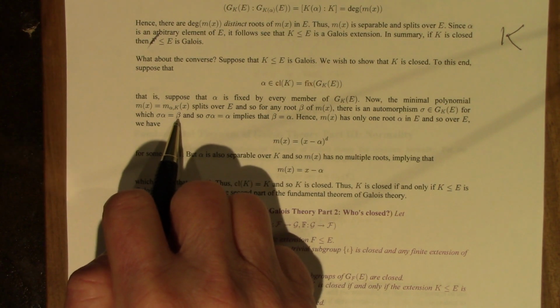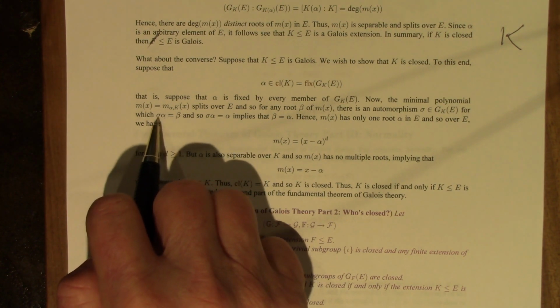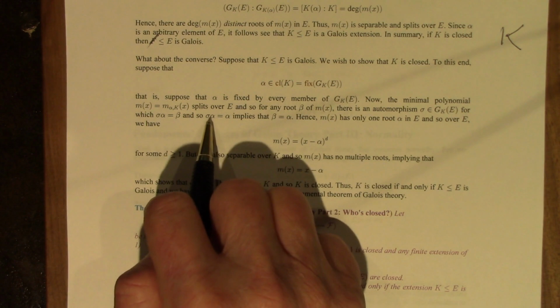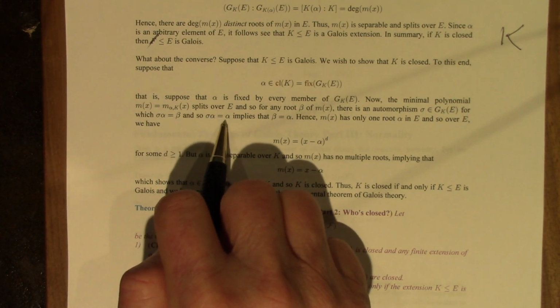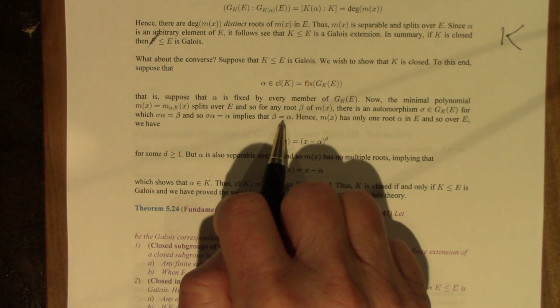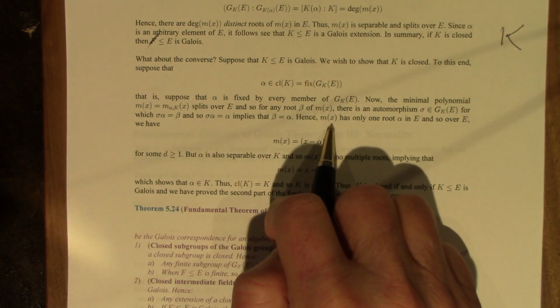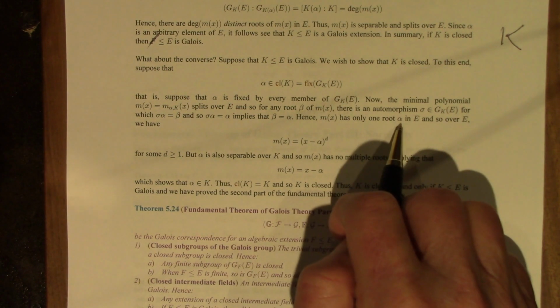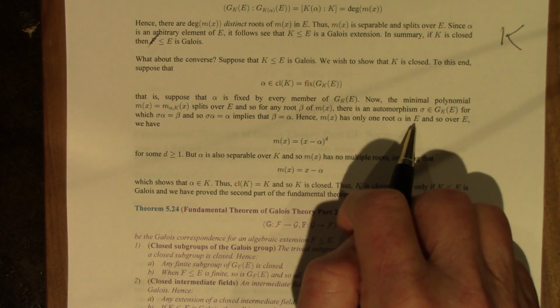Well, alpha is fixed by sigma, and so alpha is sent to alpha, and therefore beta equals alpha. In other words, the minimal polynomial has only one root, alpha, in E.